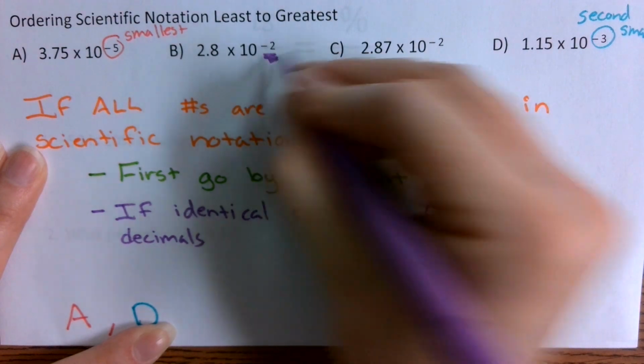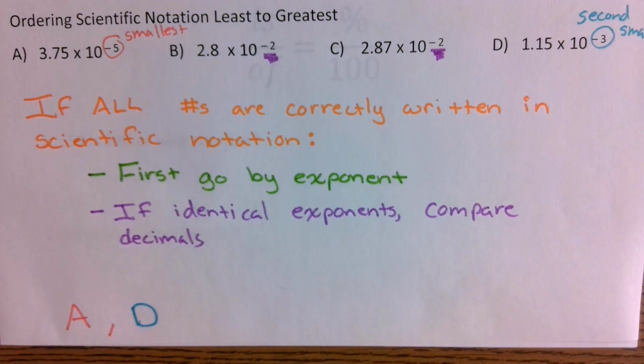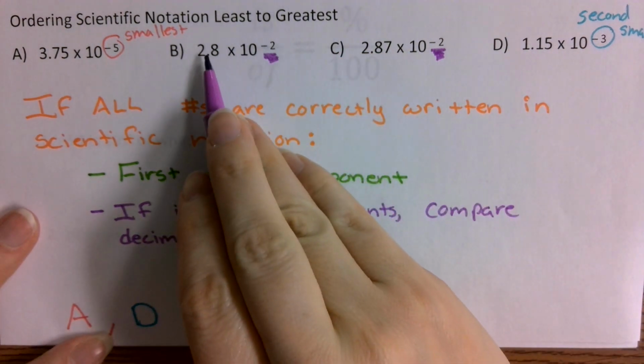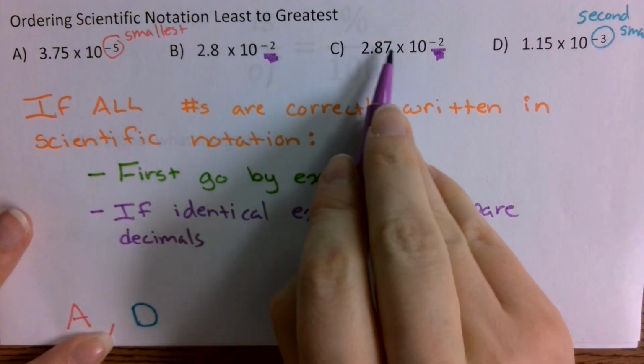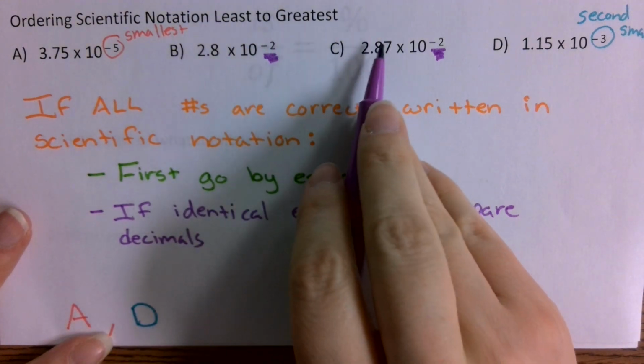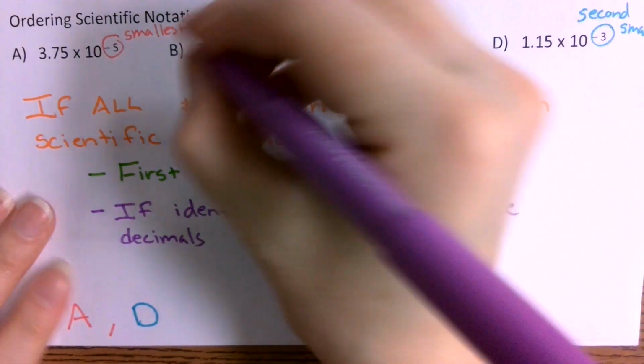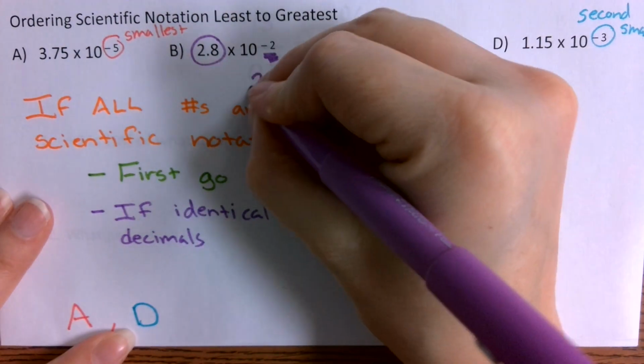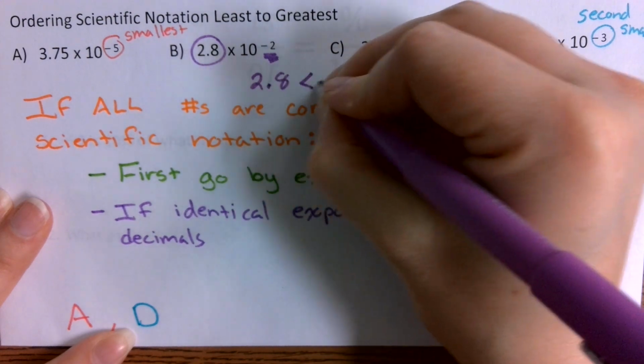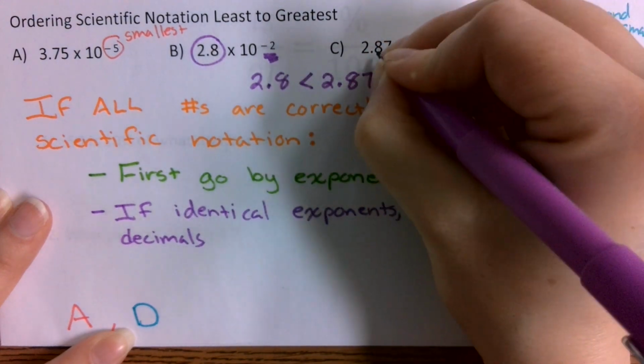These exponents are both -2. So that means I'm going to focus on 2.8 and 2.87. Which one is smaller, 2.8 or 2.87? 2.8 happens to be smaller than 2.87.